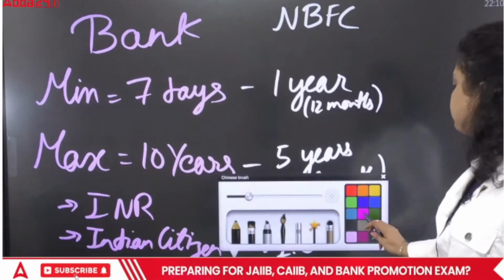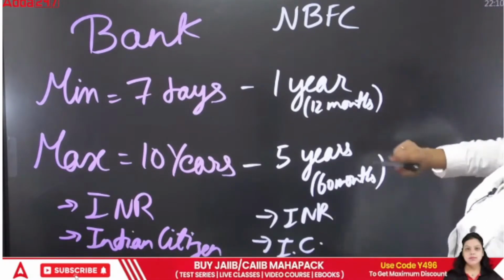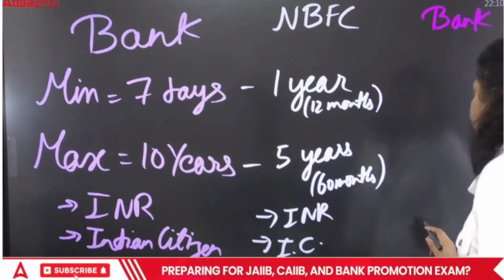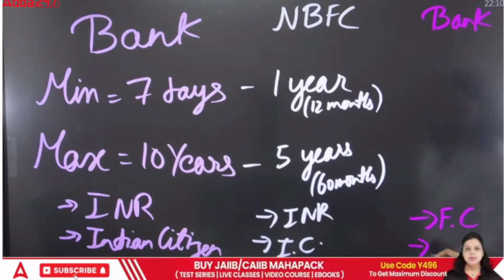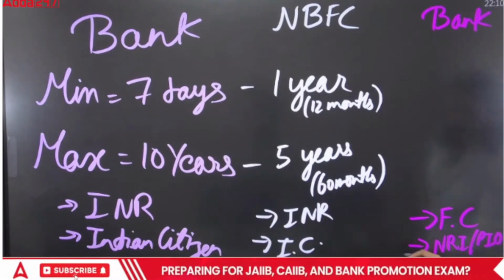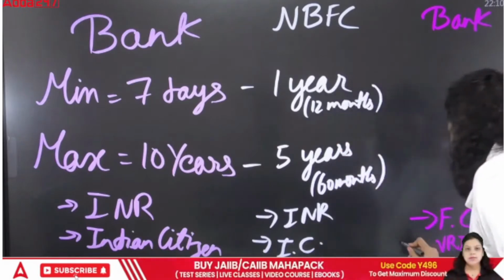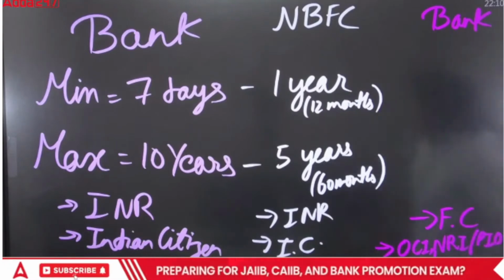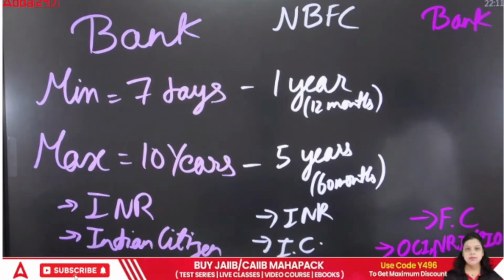Now, the third case we have is FD in foreign currency. You are having an FD in a bank, but the FD will be in foreign currency. FC means foreign currency, and it will be maintained by NRIs, PIOs, and OCIs. OCI stands for Overseas Citizen of India, NRI is Non-Resident Indian, and PIO is Person of Indian Origin.